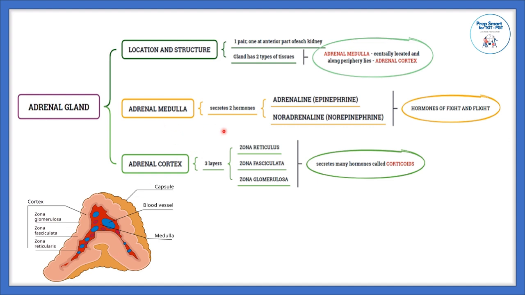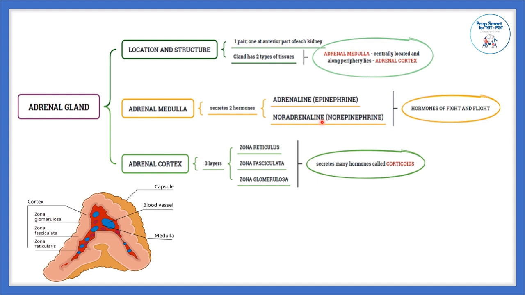Adrenal medulla secretes two hormones: adrenaline, also known as epinephrine, and noradrenaline, also known as norepinephrine. Combinedly, both can be called catecholamines. These two hormones are considered hormones of fight and flight, or emergency hormones, as they are rapidly secreted in response to stress of any kind and during emergency situations.